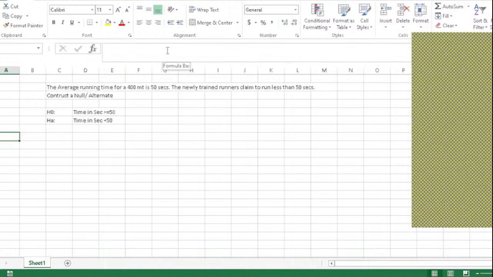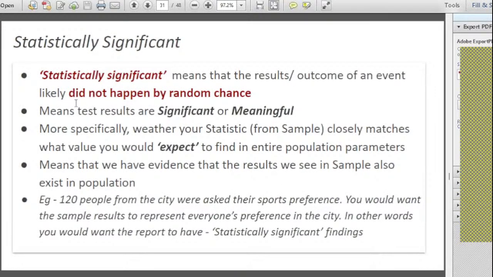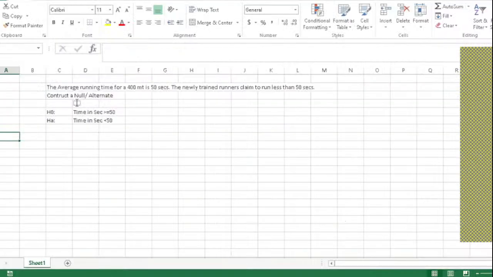Okay, great. So let's continue. Yesterday we had done null and alternate. Now tell me, what do we try to do in inferential statistics? We try to infer about the population based on small samples, right? Everyone with me? So when we follow such a process of making inferences about the population, do you think we can make errors?